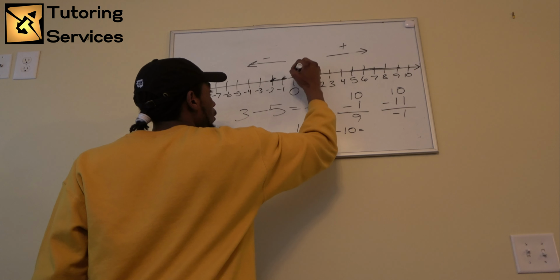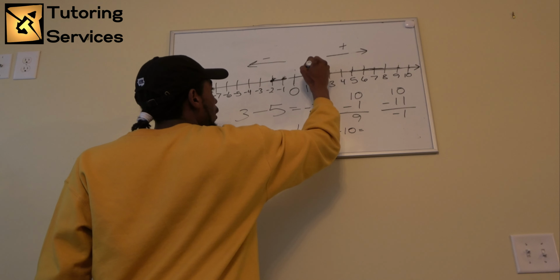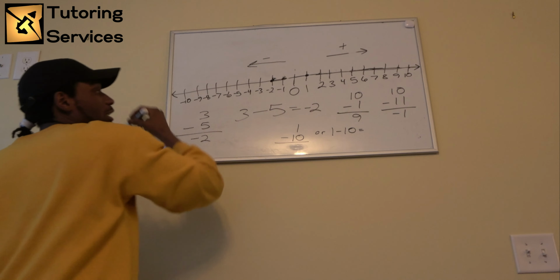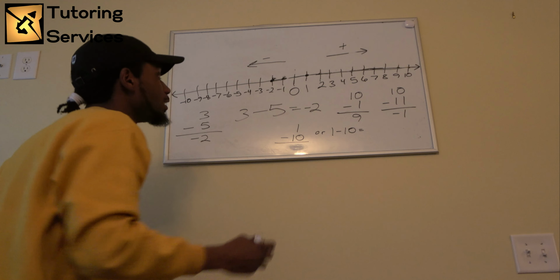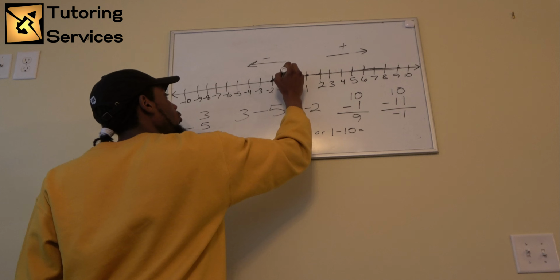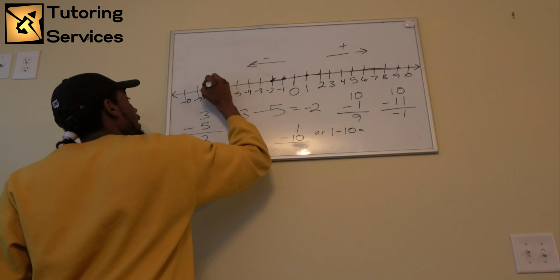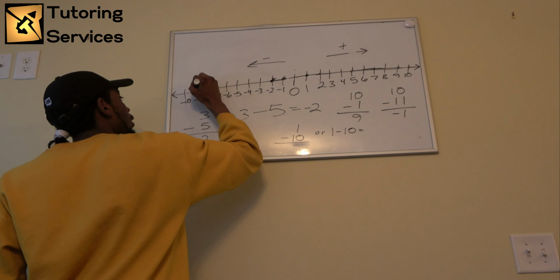Right? If we start at 1, okay, we'll start here, 1, and we go towards the left while counting to 10. So we start at 1, then we go to the left. 1, 2, 3, 4, 5, 6, 7, 8, 9, 10. Oh, okay.